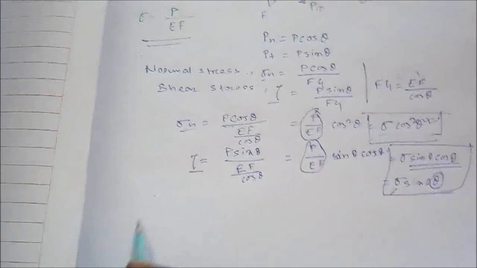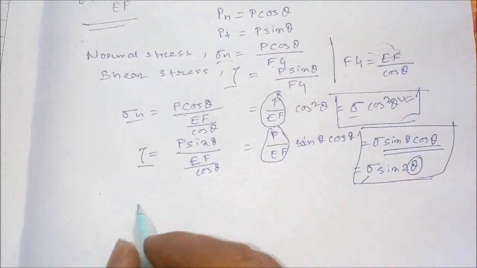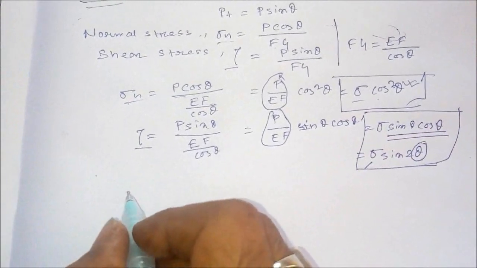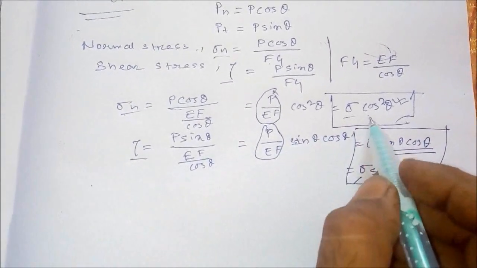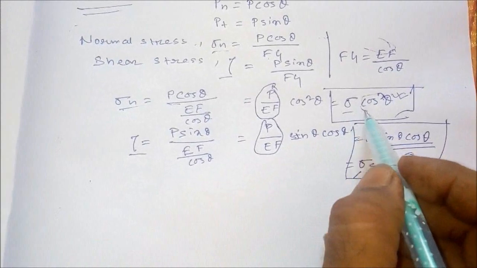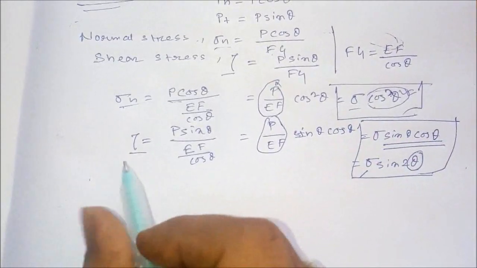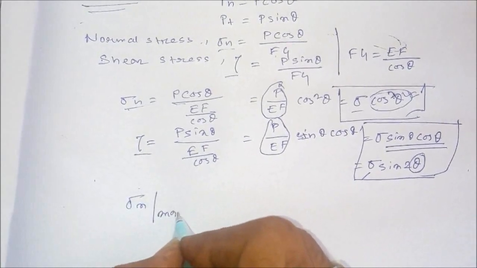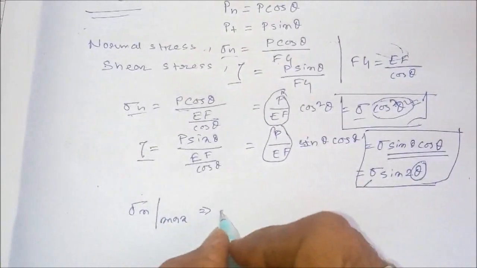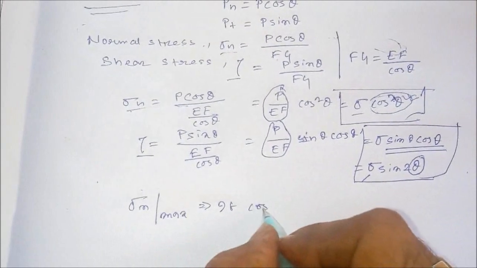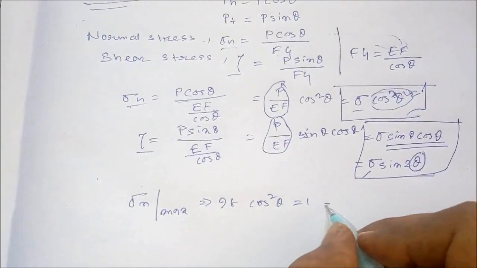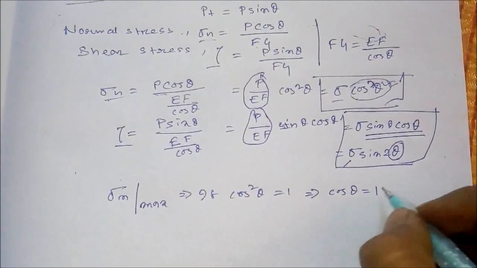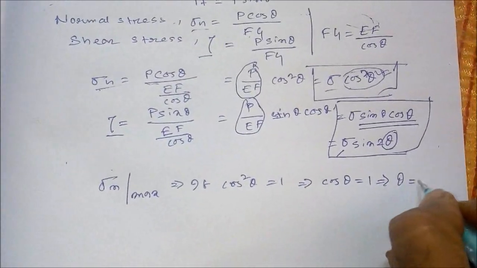Now, from these equations we can see that the value of sigma n will be maximum when cos square theta will be 1. So sigma n will be maximum if cos square theta equals 1, that is cos theta equals 1, that is theta equals 0.